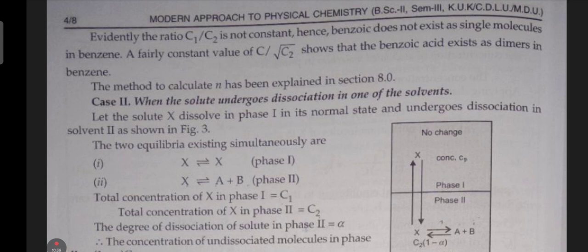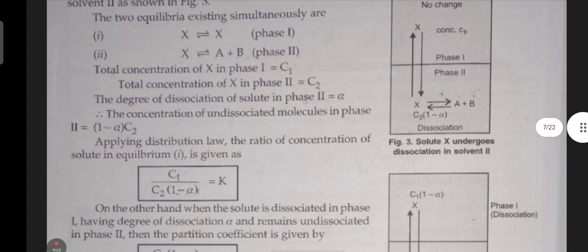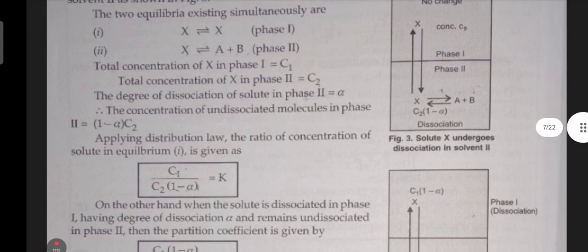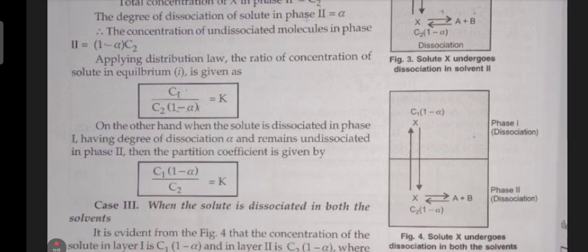The degree of dissociation of the solute in phase 2 is alpha. The concentration of undissociated molecules in phase 2 is equal to 1 minus alpha into C2. Applying the distribution law, we can further get the mathematical formula C1 upon C2 into 1 upon alpha is equal to K.